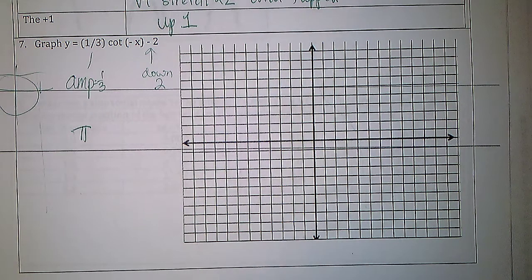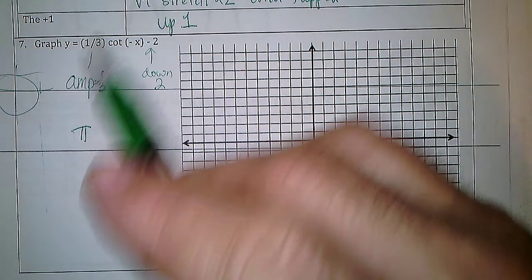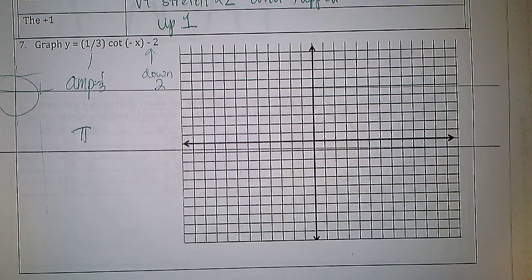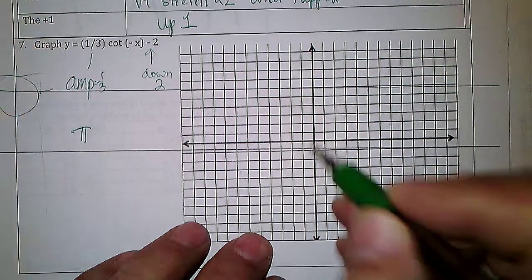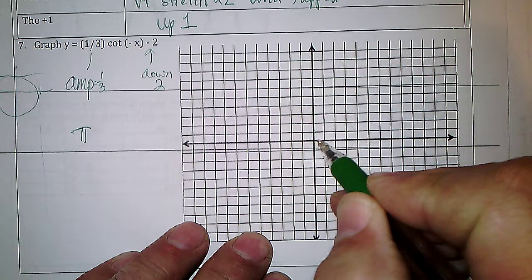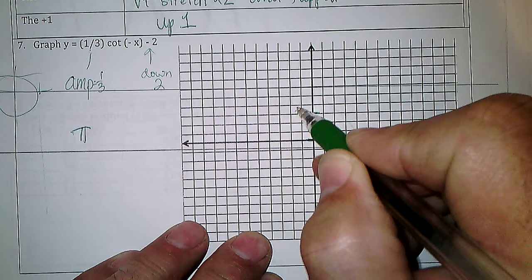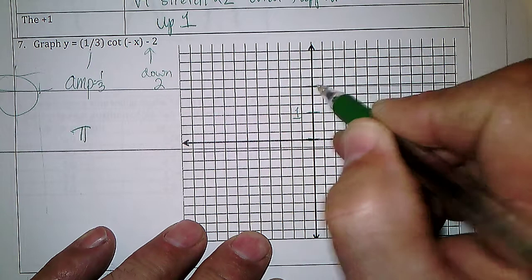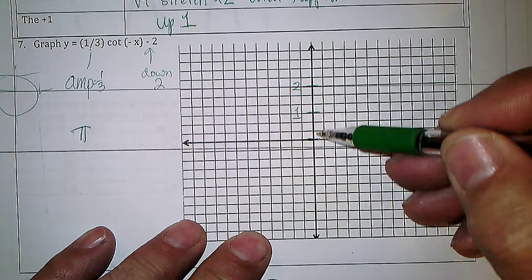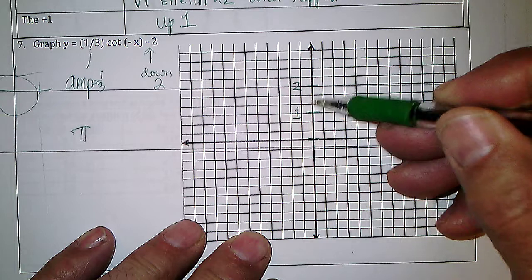All right, so now let's mark it off. I have to have a third, so it would probably be smart to mark this off as 0. 3 squares up would be 1, and 3 more squares would be 2. And so that'd be 1/3, 2/3, 3/3, 4/3, 5/3, 6/3.